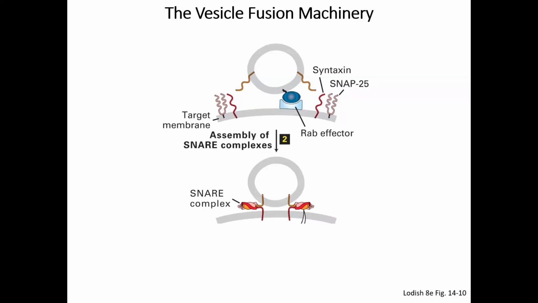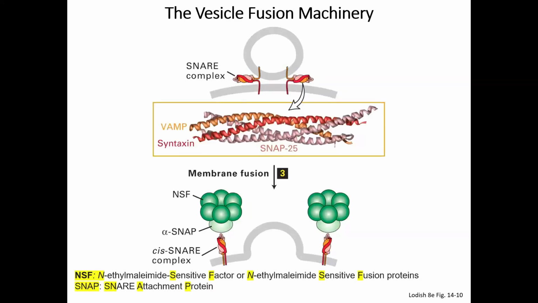It's a protein-protein interaction. As this coiled-coil structure forms, the vesicle is pulled down onto the membrane and it fuses. Remember that lipid will dissolve in lipid. As soon as the phospholipids touch each other, they fuse by themselves. That's essentially the mechanism.